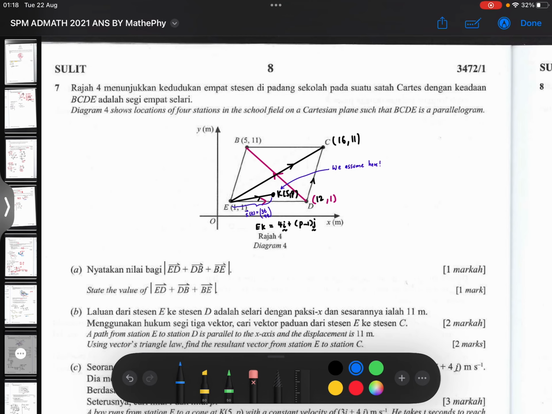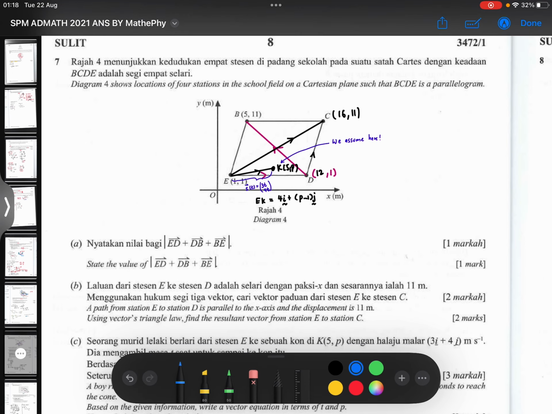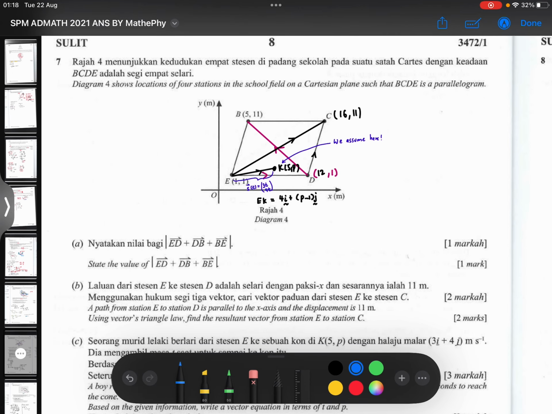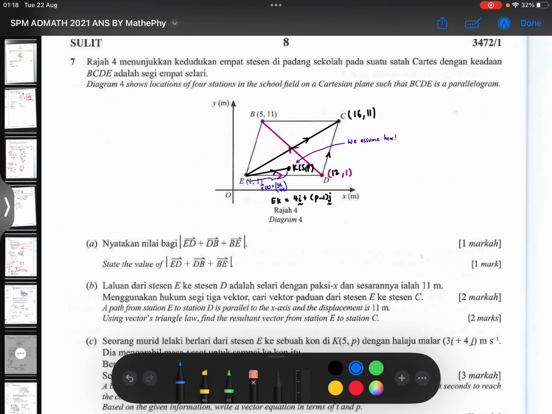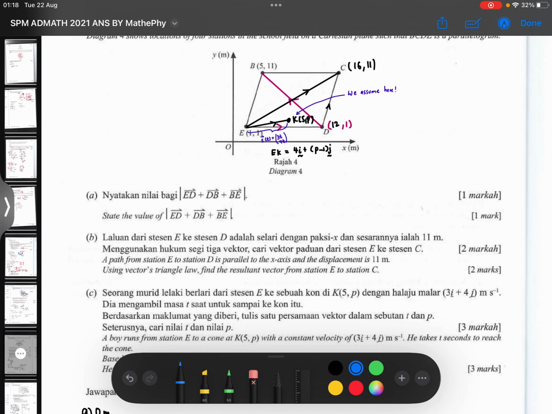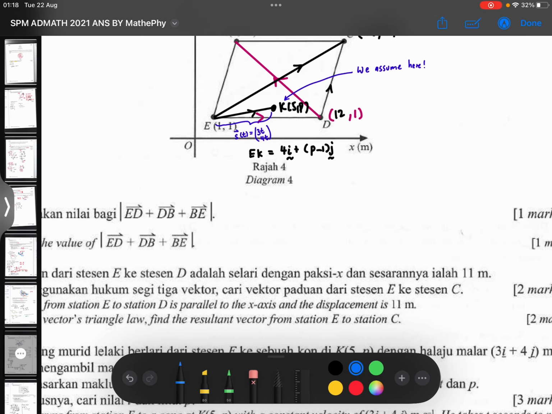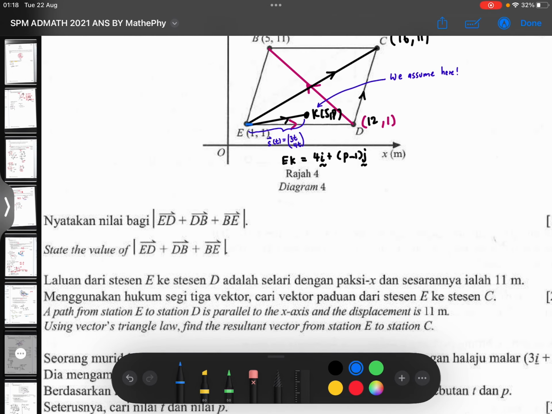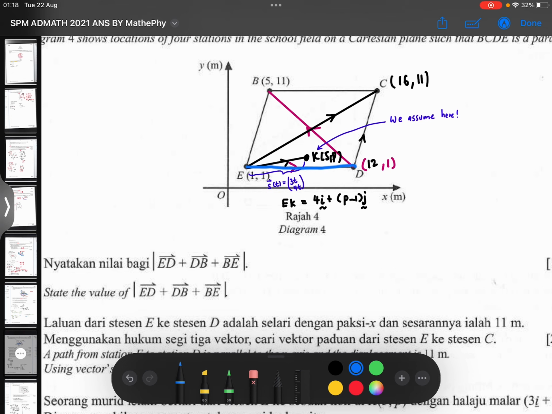Question 7. You can read it first. It is a parallelogram. Part A, state the value of vector ED plus vector DB plus BE.